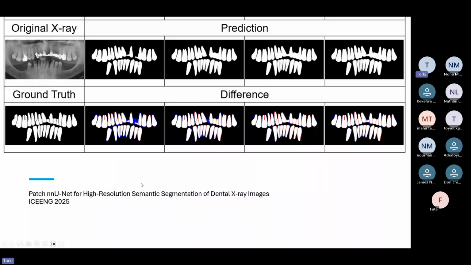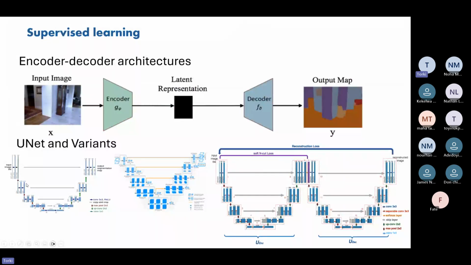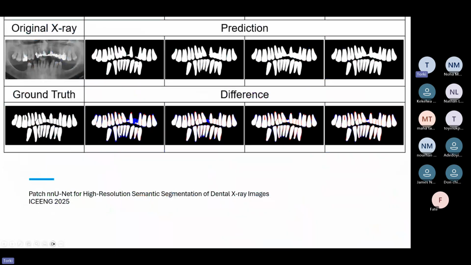In this paper, we found that many research just doing the down sample for the image to be able to process using the UNet, because you see the UNet standard input is 572 times 572. So if the image is larger than this, then you reduce the quality of the image and then you process it.